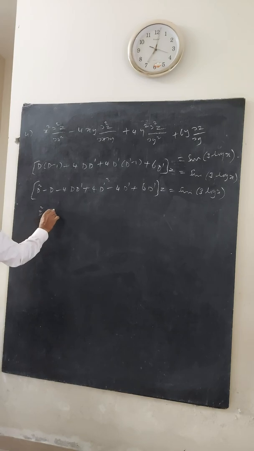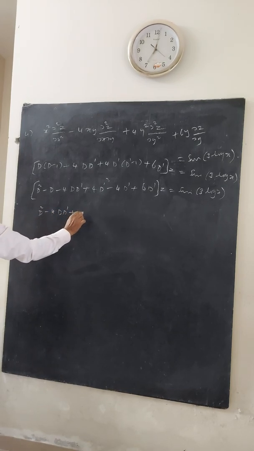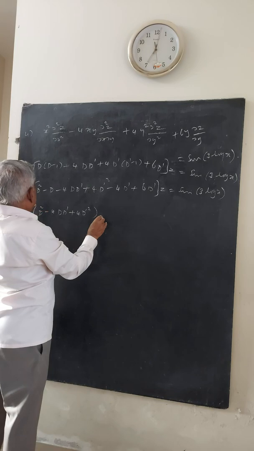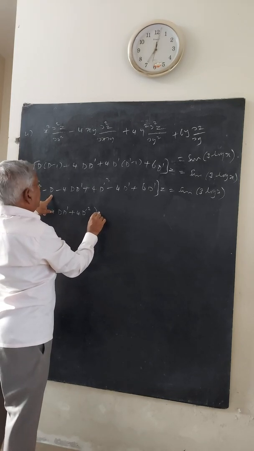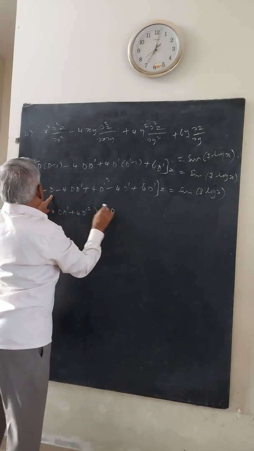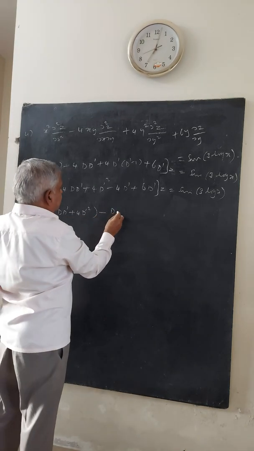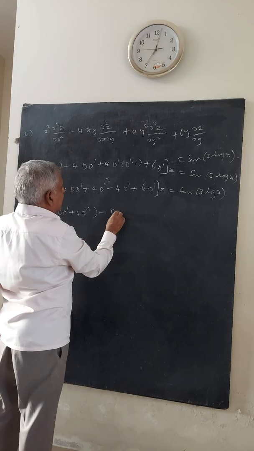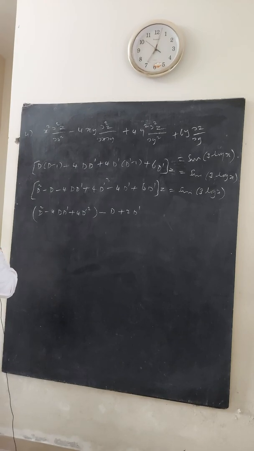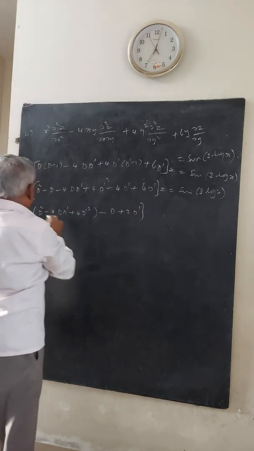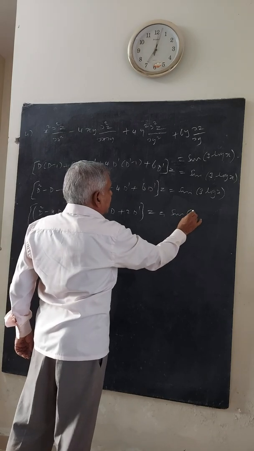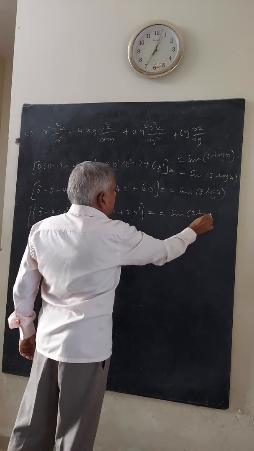See, D² − 4DD' + 4D'² − D + 2D' of z = sin(3 log x).